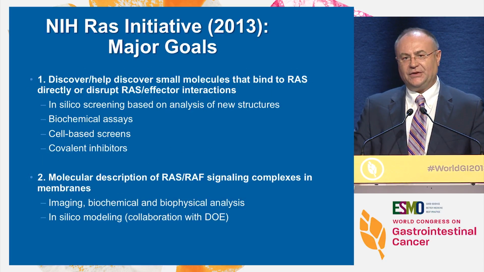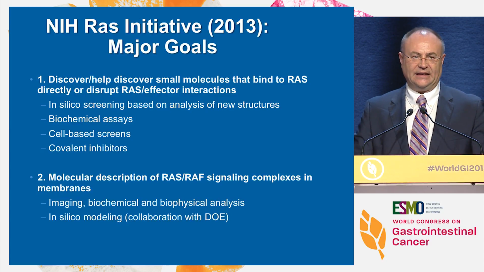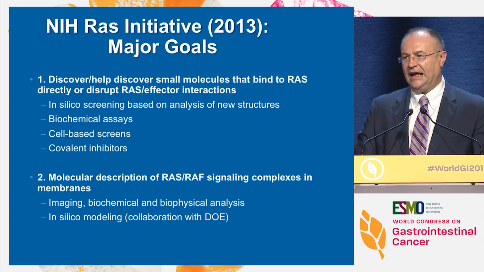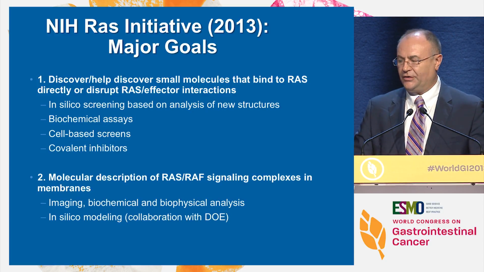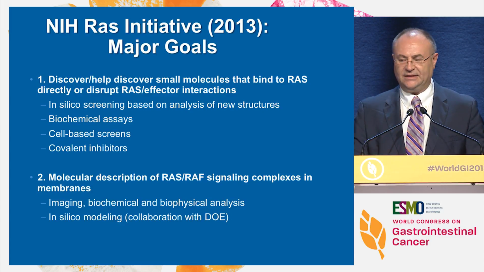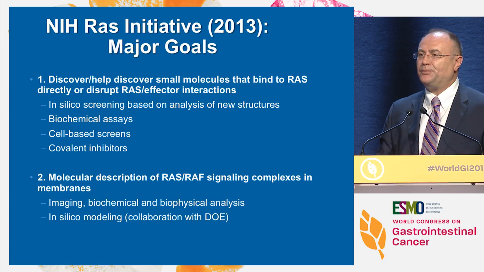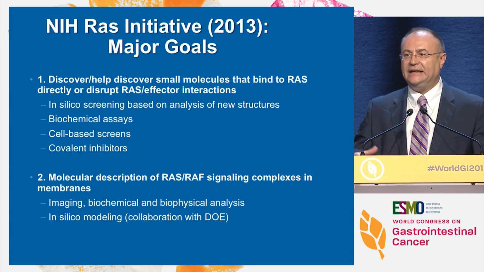In 2013, the NIH initiated an NIH RAS initiative to look at the development and discovery of small molecules that bind to RAS directly, which is very difficult, and to disrupt potential signaling downstream of RAS binding to the RAS binding proteins.